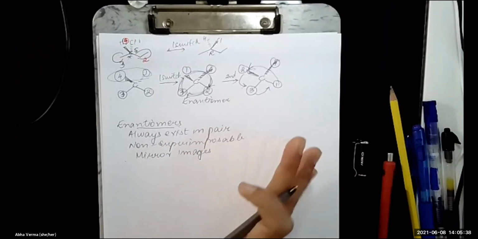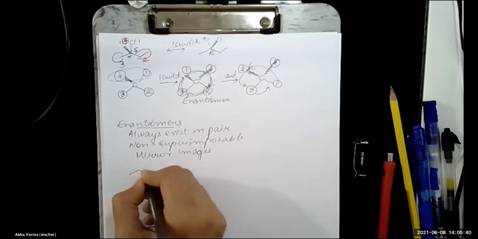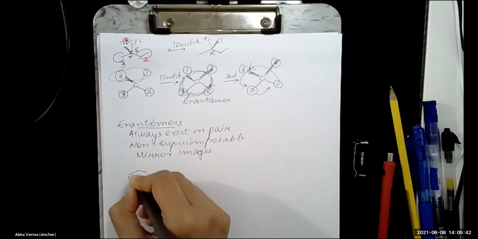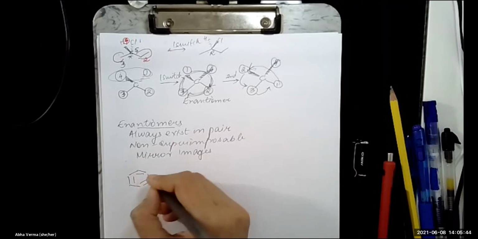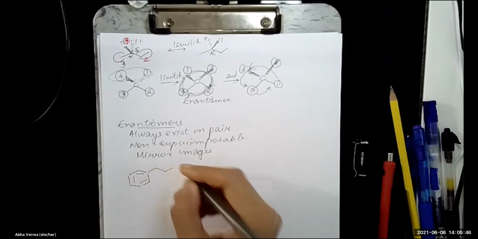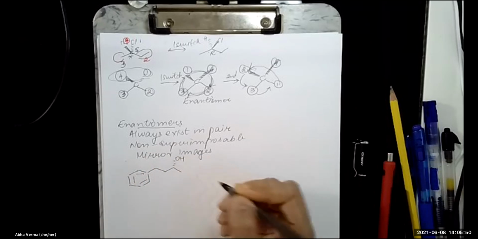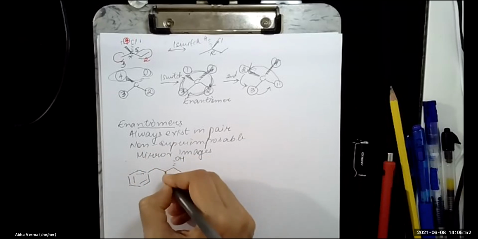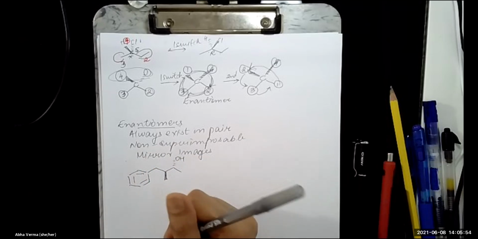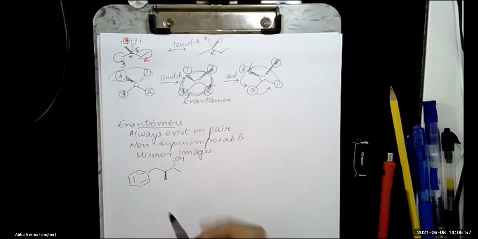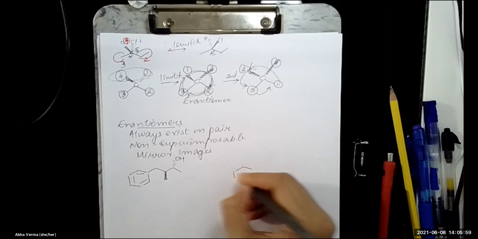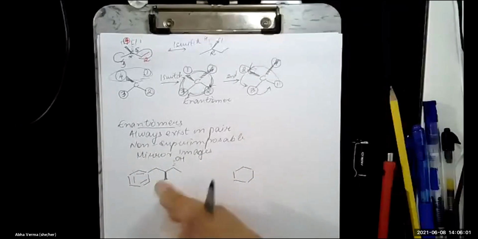Let's look at a very complicated structure, or at least in the beginning, it might look like a complicated structure. Let's say I have a molecule like this, and I have a group here. So I have this structure, and I need to draw its enantiomer. What is the enantiomer?